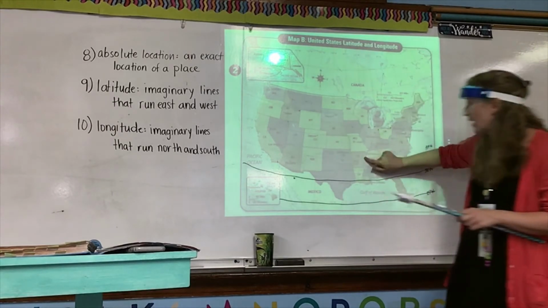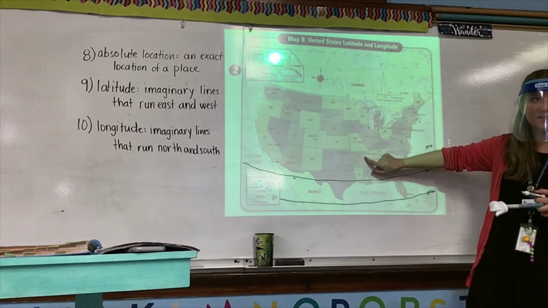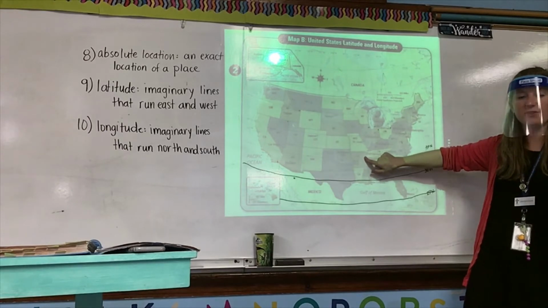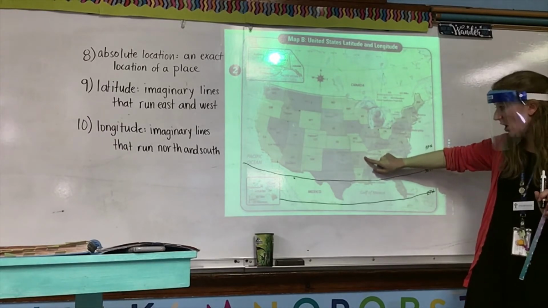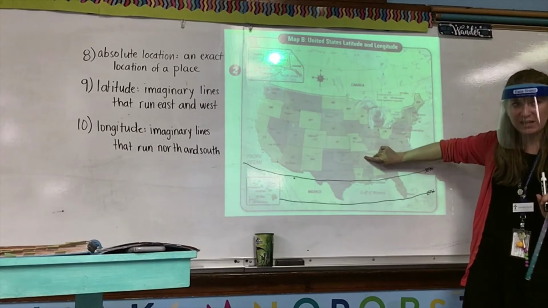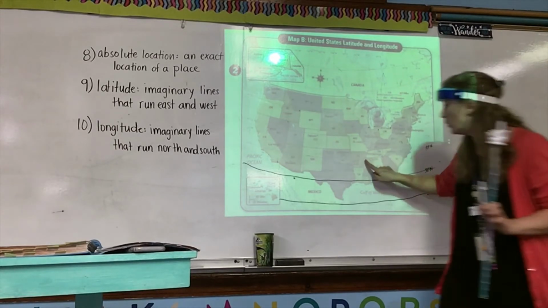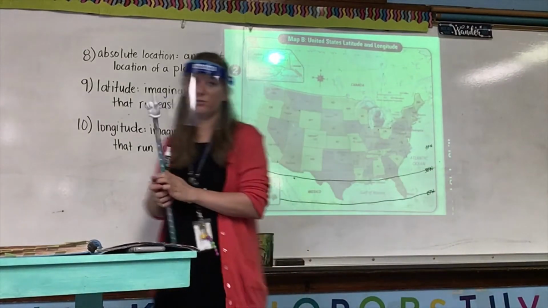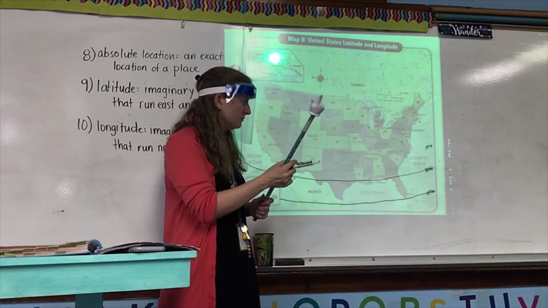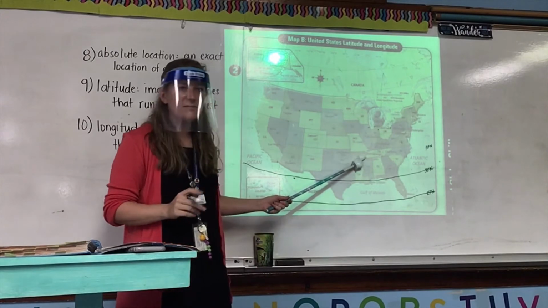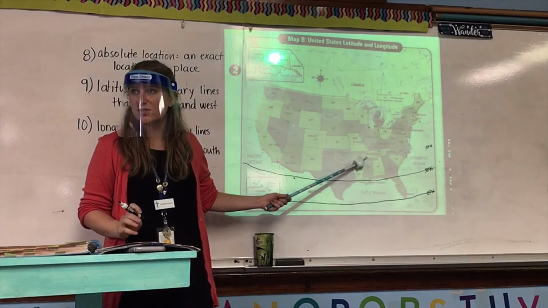Now, find Memphis. It is almost exactly on a line of longitude. Lines of longitude run up and down. So follow that line either up to the edge or down to the bottom edge. And what line of longitude is Memphis closest to?